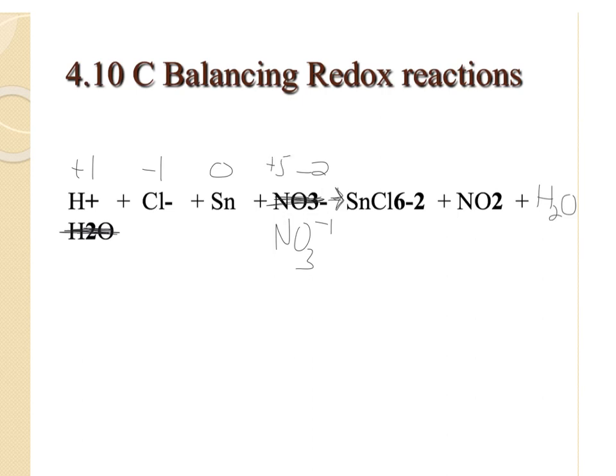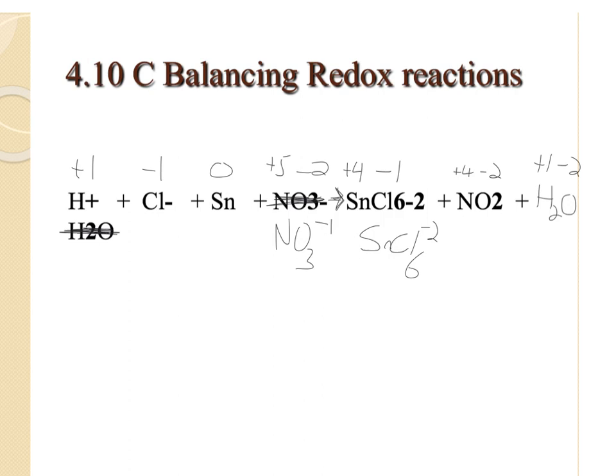My chlorines are minus 1. This is SnCl6 minus 2. And then that makes my tin plus 4. NO2, my oxygen is minus 2, nitrogen is plus 4, there's no charge on that one, and then my water is pretty standard, plus 1, minus 2.